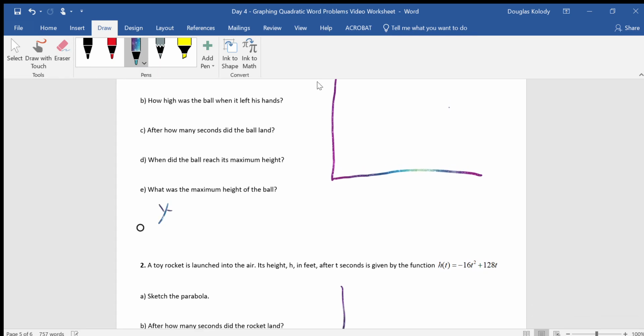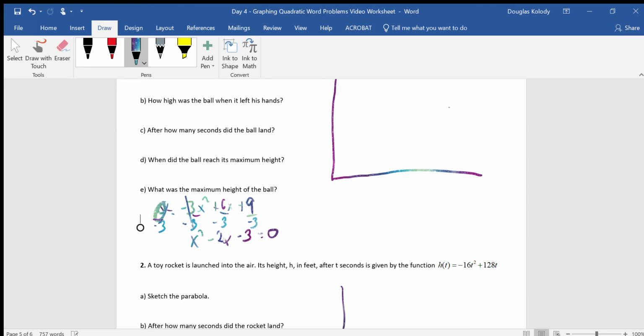I'm going to set this equal to 0 instead of just y, and I'm going to divide everything by -3. So then I'm left with, when I cancel that out, x squared minus 2x minus 3 equals 0.